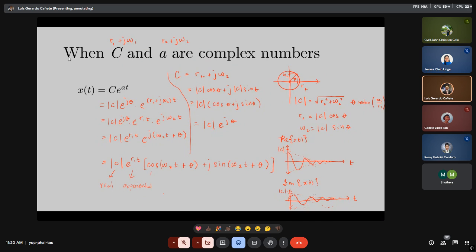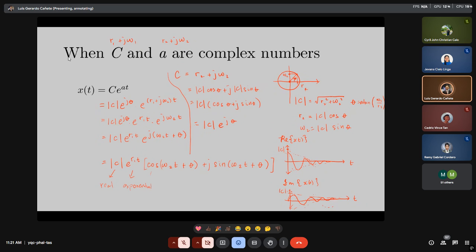So what you would then have is this representation where you have the real component, there would be an exponential part, and then this part, which would become a decaying or a growing exponential, is going to be multiplied by a signal that has both real and imaginary parts as well as some kind of phase, right? So the phase that we're talking about here is theta. Theta is defined by this equation right here.